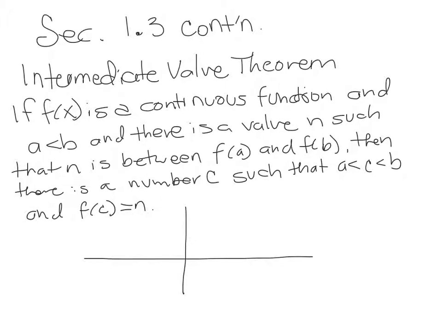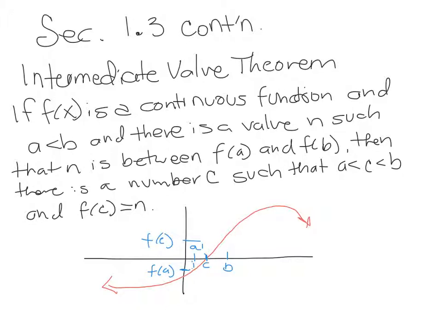For example, we have a graph that goes kind of like this and then continues. And if we have a value a here, a value c and a value b. At value a, there's a value over here of y that is f of a. For c, here we're going to have a value of f of c.